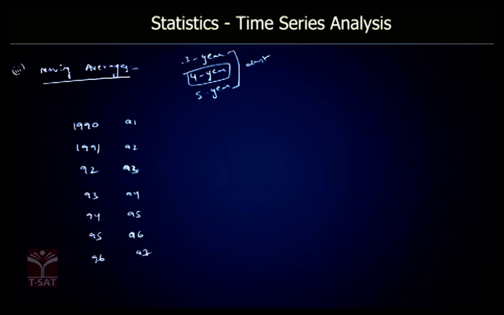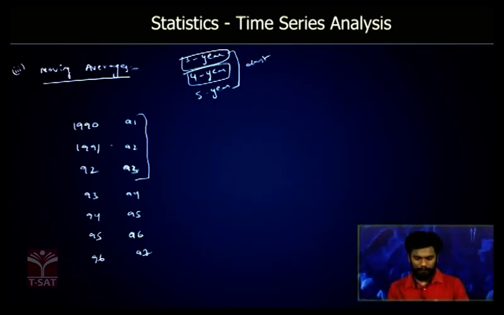First, let us discuss the 3-year moving average. In the 3-year moving average, I take the average of the first 3 values and assign that average to the middle year. What is the middle year? 1991. I will assign that average to the year 1991. Let us consider that average is A1.